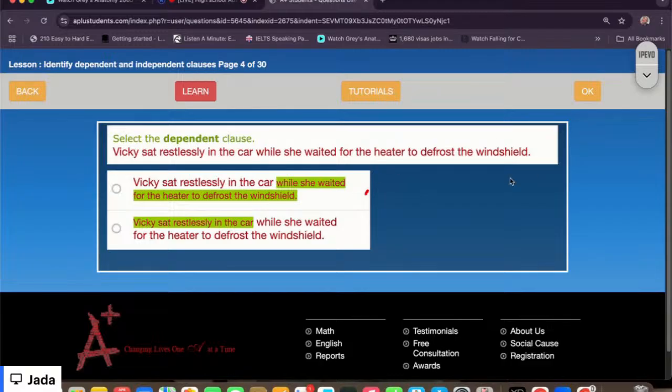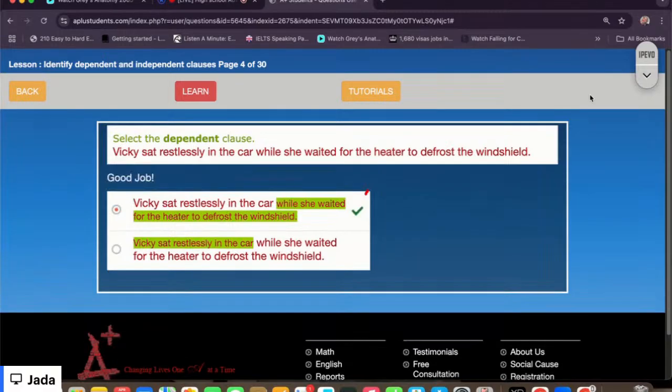So we have the first, while. So that's the dependent clause. Okay.